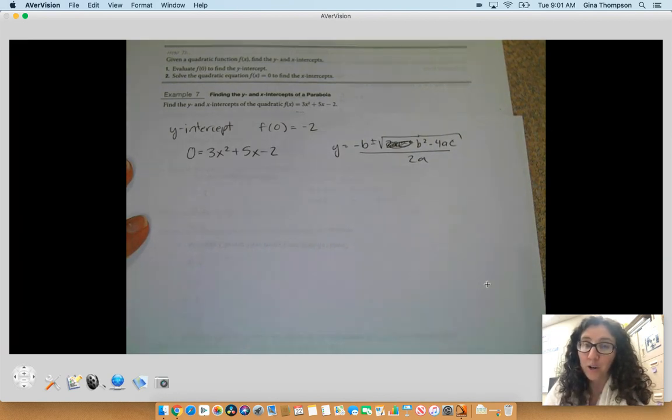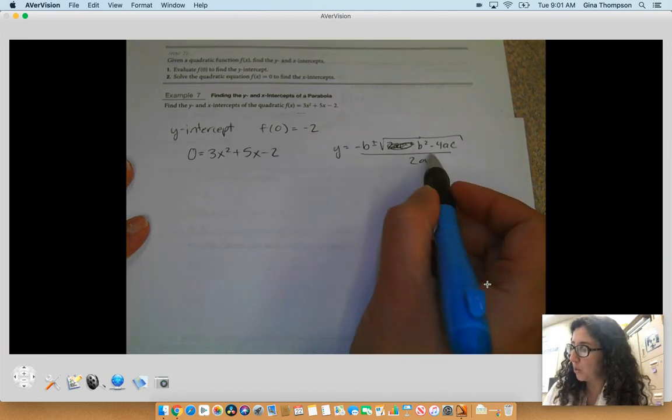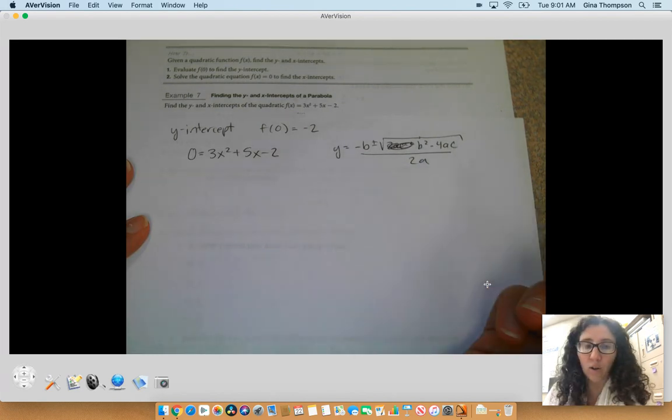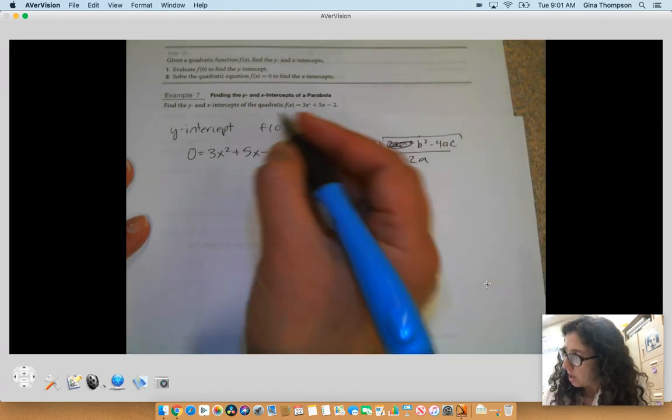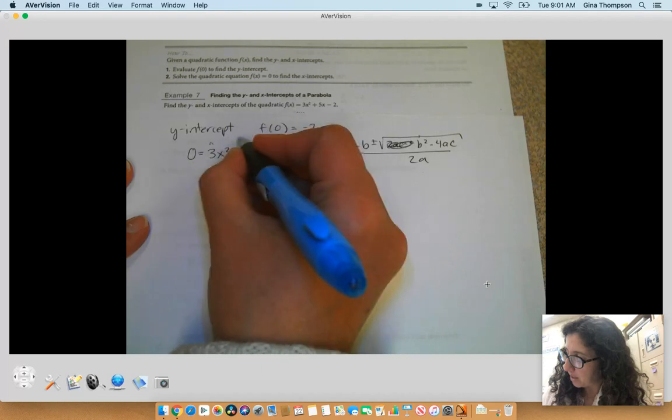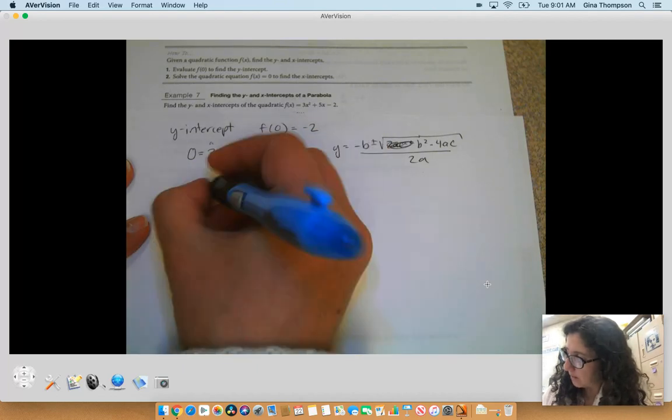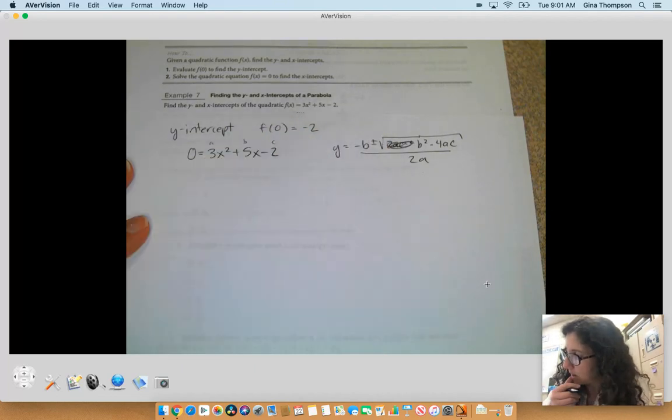This is on the ceiling in our room. So here we've got a, b, and c. So let's find these values.